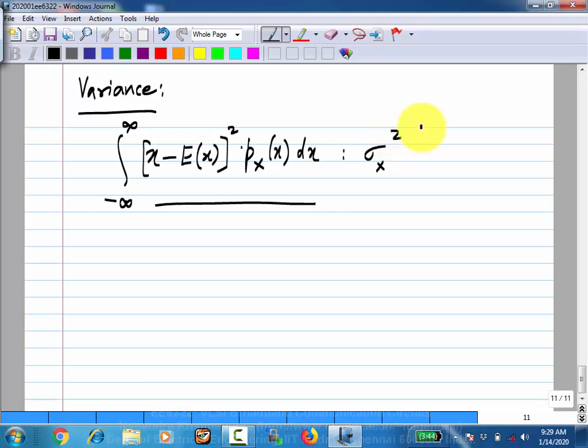Now this we will see later. This is a measure of how spread out the distribution is around the mean. Because you are subtracting off the mean and then squaring it, if something is far away from the mean, it will get a large weight, whether it is far on the left side or the right side, because you have the square.